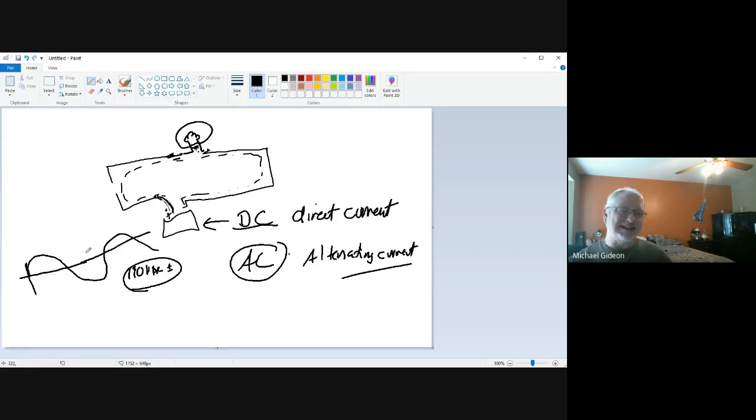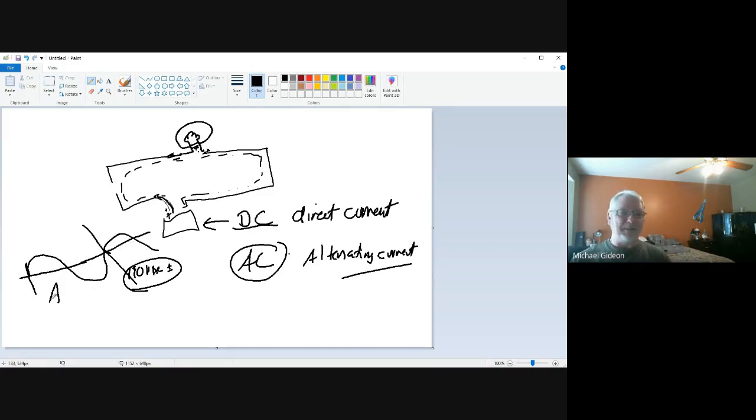And each cycle, up and down right here, is one cycle, 1 hertz, cycles per second. Our electricity on an AC cycle is 60 cycles per second. Have you ever got shocked with electricity and you feel that voltage? That's those cycles per second, that up and down thing.